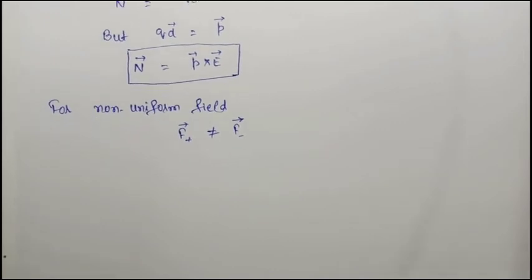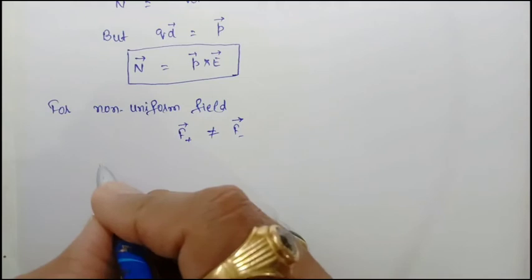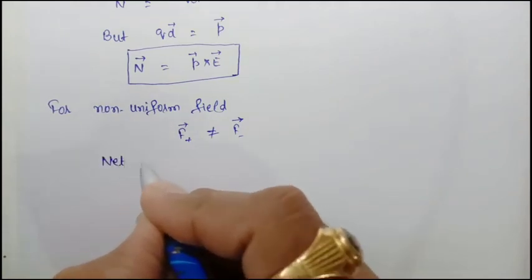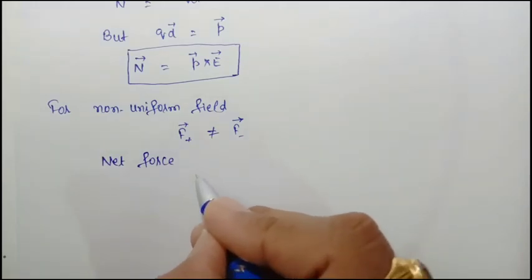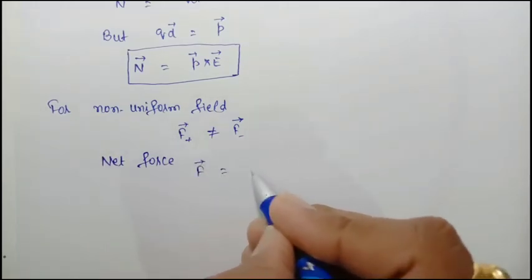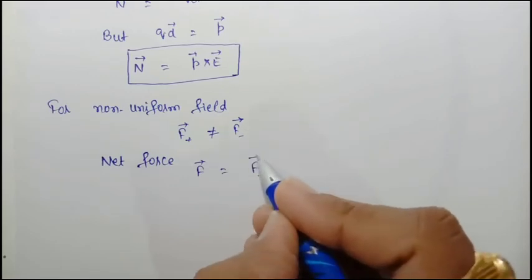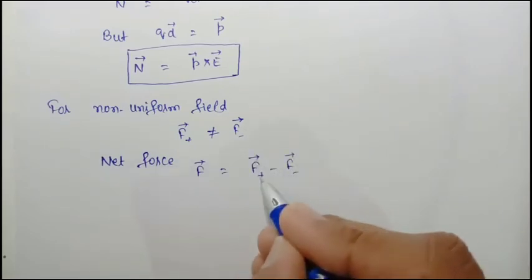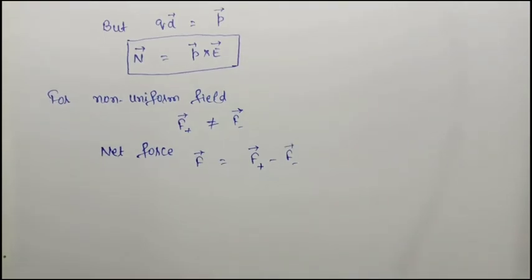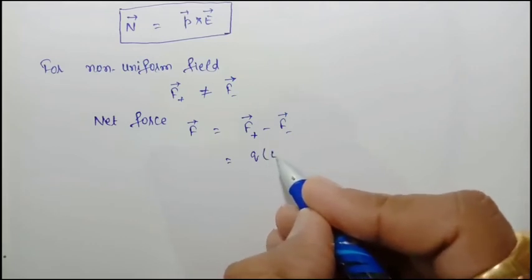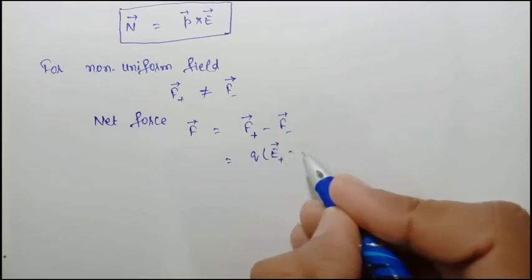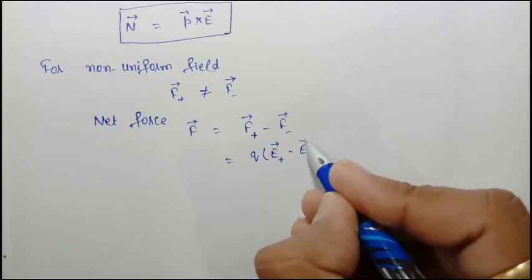If this is the case, then the net force F is equal to F positive minus F negative, or we can write Q times E positive minus E negative.